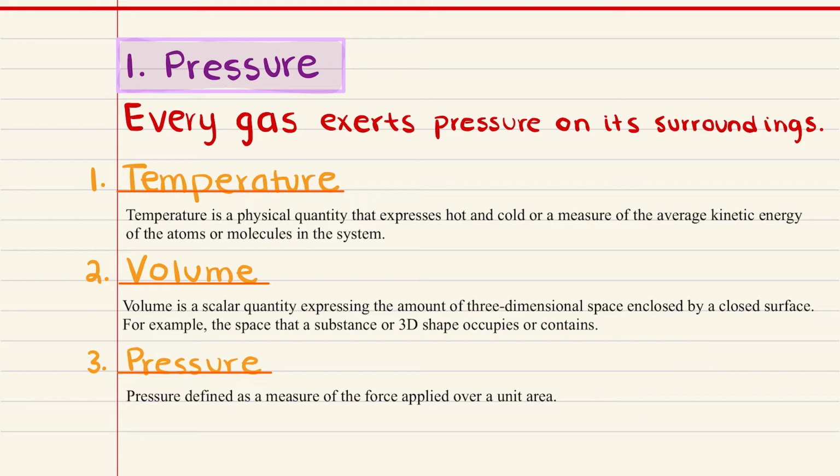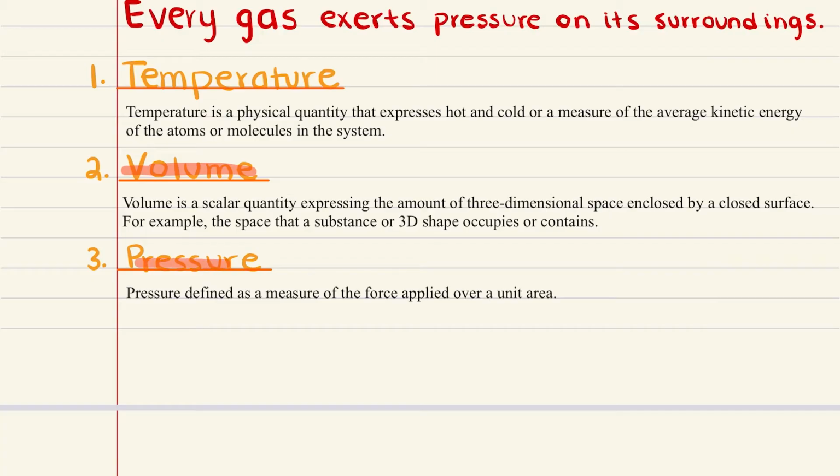Or in other words, it is a measure of the average kinetic energy of atoms or molecules in the system. Now, volume is defined as a scalar quantity expressing the amount of 3D space enclosed by a closed surface. Now, pressure is defined as a measure of the force applied over a unit area.